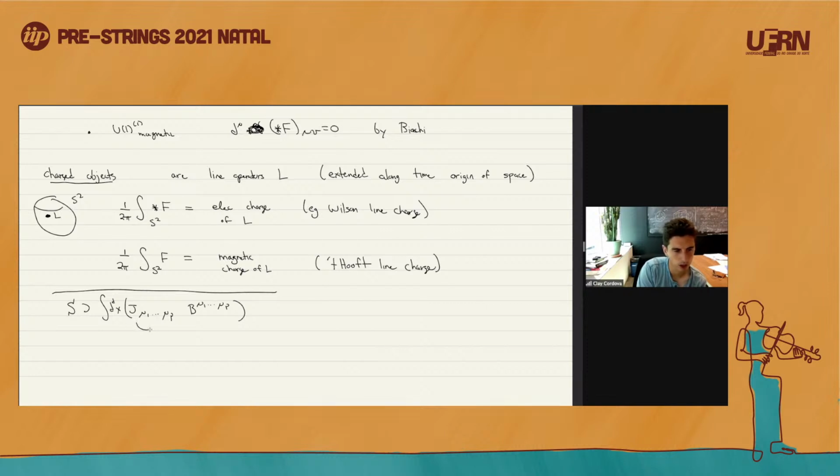So this would be a current for a p-1 form symmetry. So if p is 1, this is a 0 form global symmetry, and then this is the gauge field. And so it's a p form.